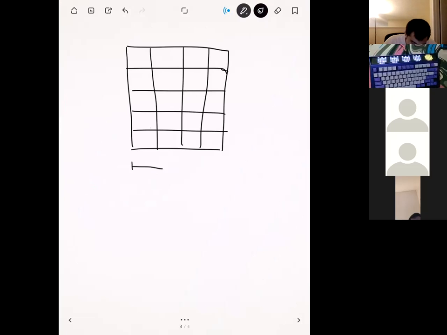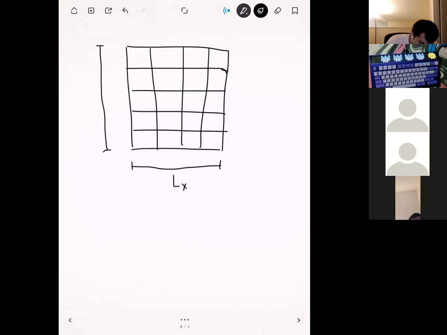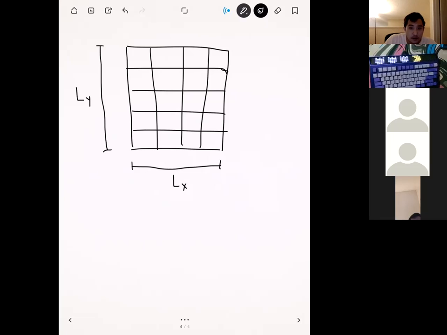We'll call the horizontal length of our domain Lx, and the vertical length of our domain Ly. That's simply the physical lengths of our domain. That's very similar to 1D, where we had to specify the physical length of the domain that we're looking at.